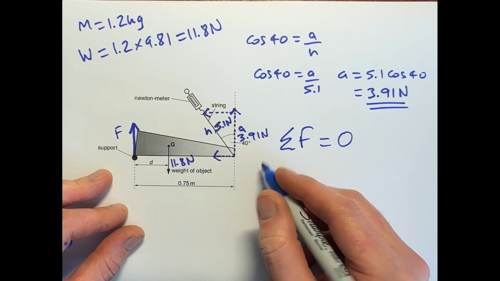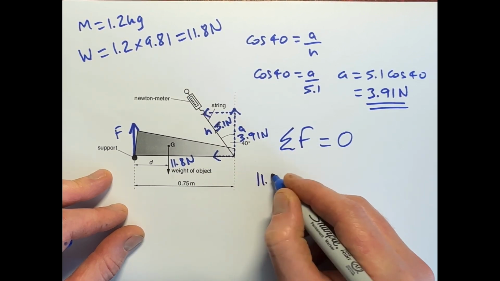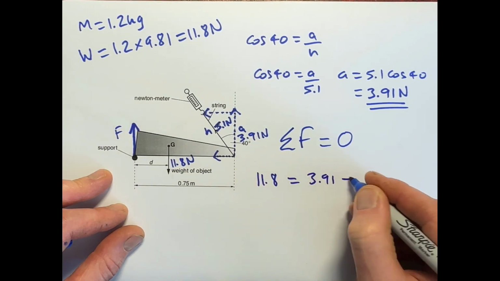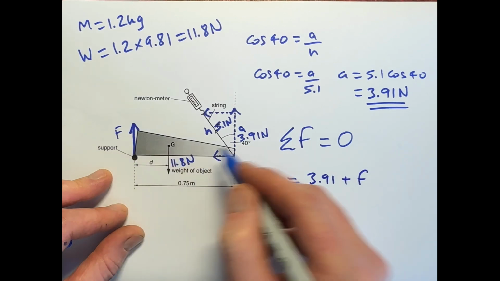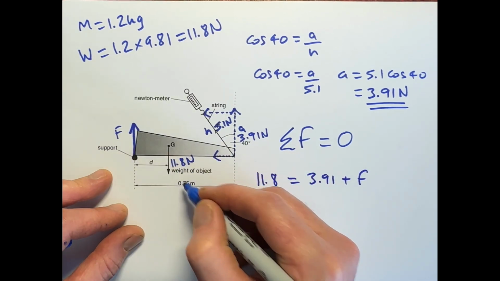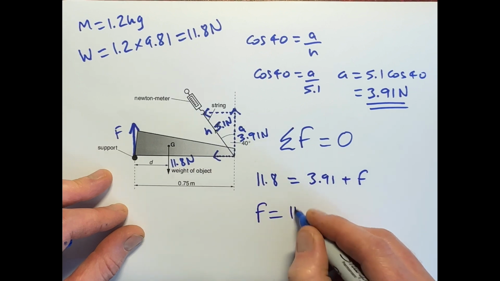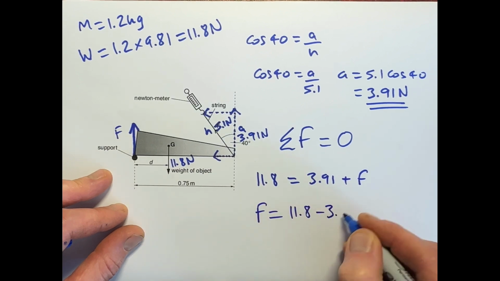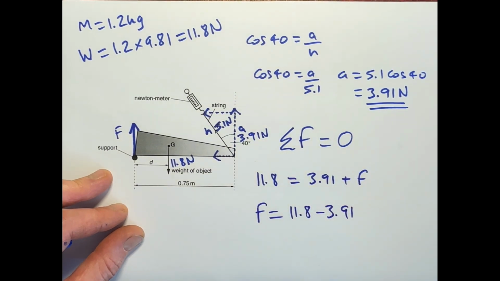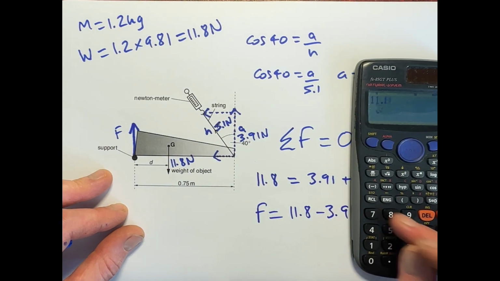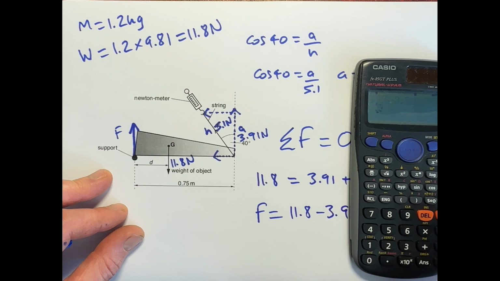So 11.8 is equal to 3.91 plus this force F here. The total upward force must be equal to the total downward force. So F is just going to be equal to 11.8 minus 3.9. Maybe I should have written this as 3.9 rather than 3.91, but it doesn't really matter.